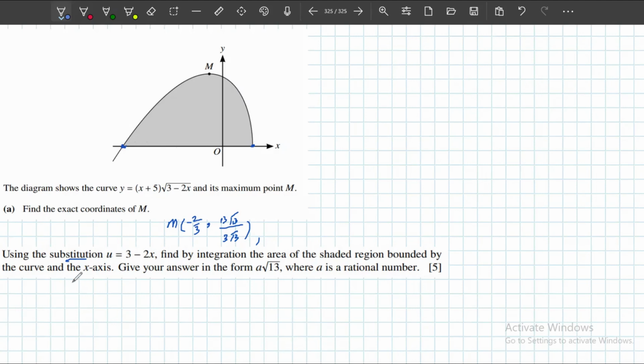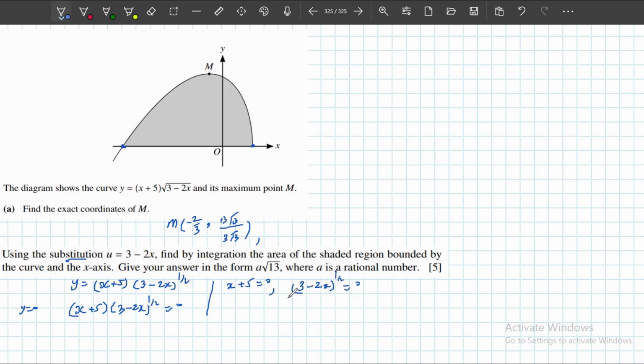So our curve becomes y is equal to (x plus 5)(3 minus 2x) to the power 1 by 2. At the x-axis, y becomes 0. So we can say that (x plus 5)(3 minus 2x) to the power 1 by 2 equals 0, which means x plus 5 equals 0 and (3 minus 2x) to the power 1 by 2 equals 0.